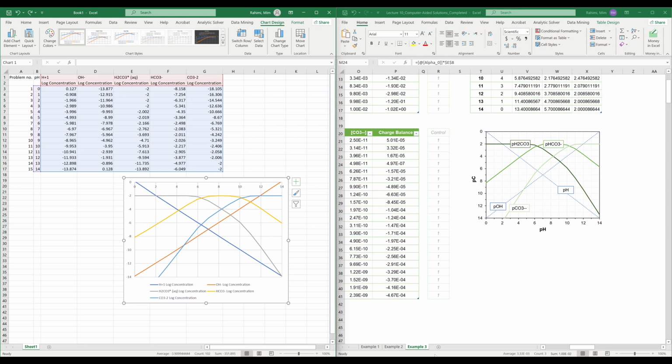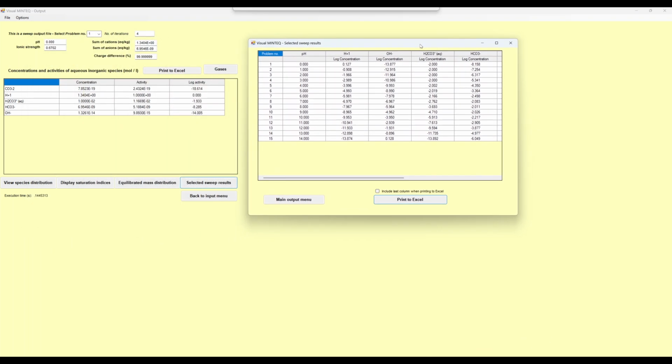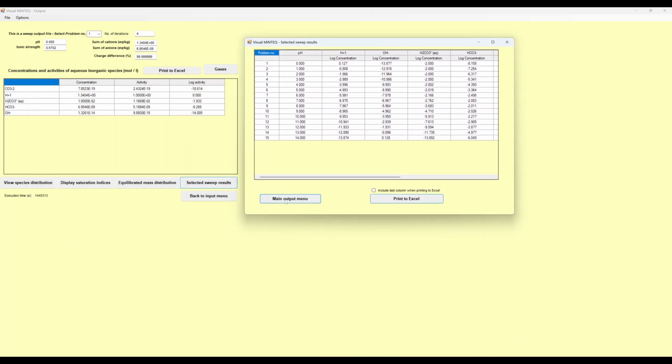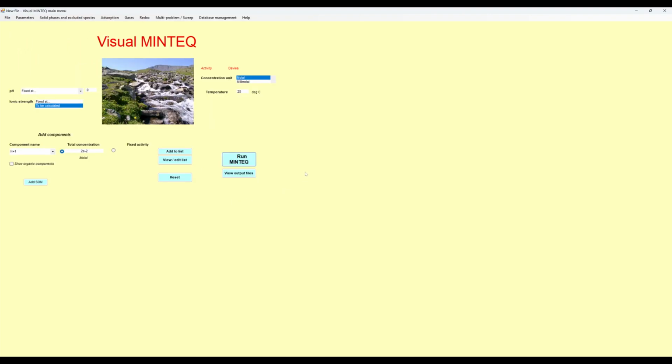So that shows how useful the software is to not only calculate and estimate the pH, but also be able to sweep for one of the variables and construct so many useful graphs which provide useful information for environmental systems.